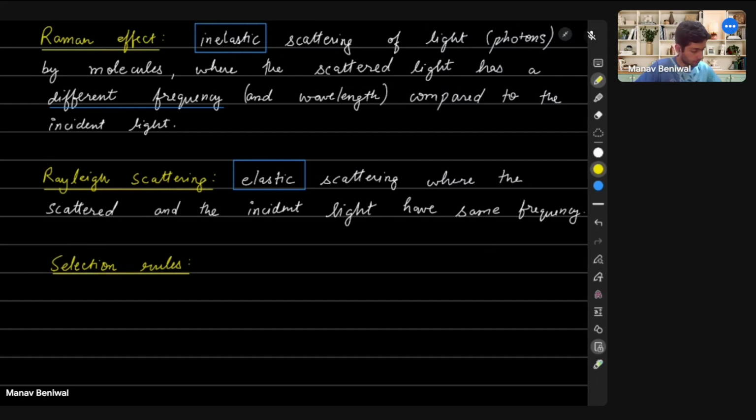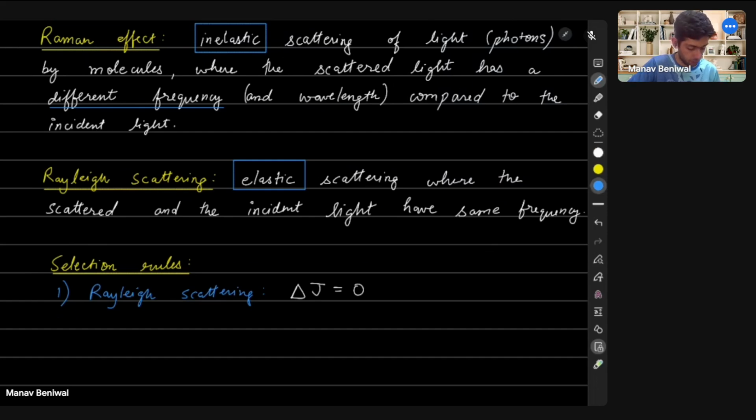Firstly, for Rayleigh scattering, the rule is delta J equals 0. Now this should make sense because this is elastic scattering, so the rotational energy is not going to change. Therefore, the rotational quantum number J is not going to change. So delta J is 0.